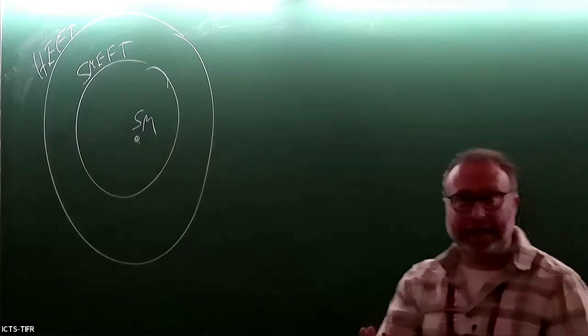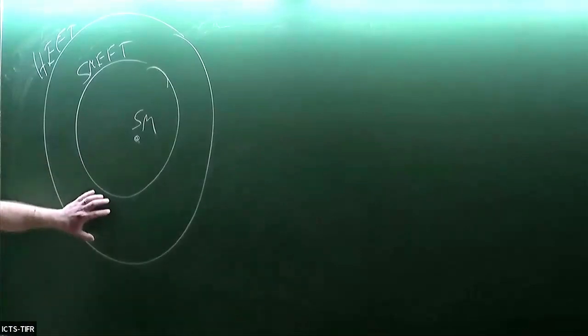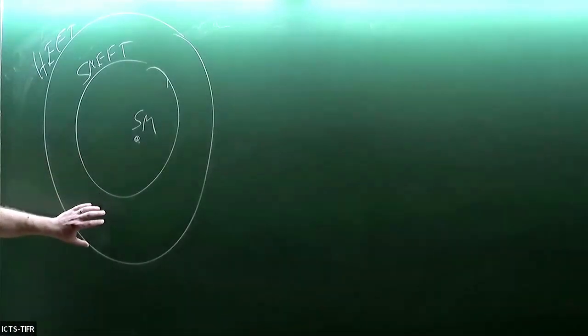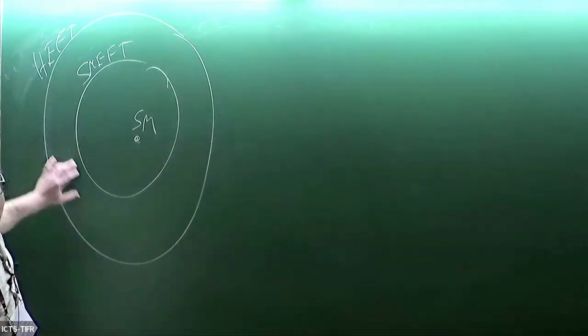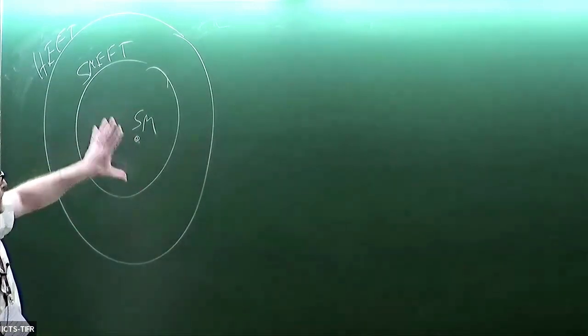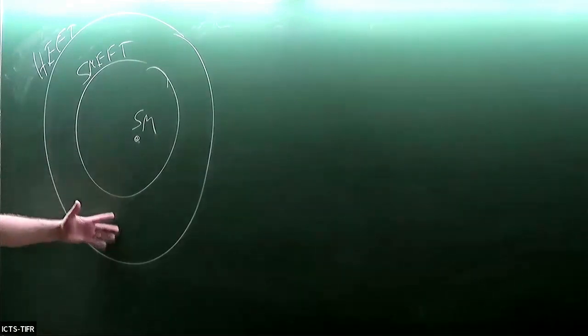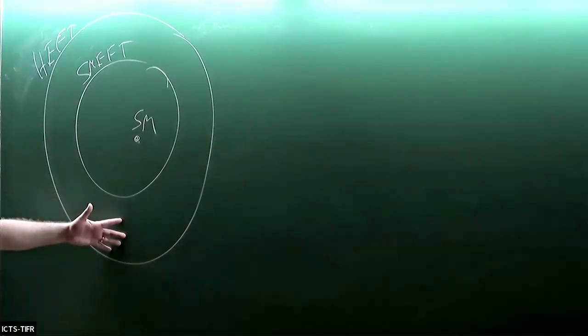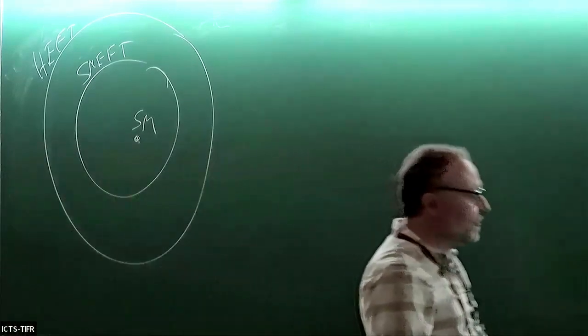So I want to take, again, one way of asking the question, which is going to be the theme for me all week, is: what theories live here? What's the difference between this region and this region in this sketch? And so the first step to answering that question would be to just write down the map between these two Lagrangians and see what happens. So let's do it and see what we get.